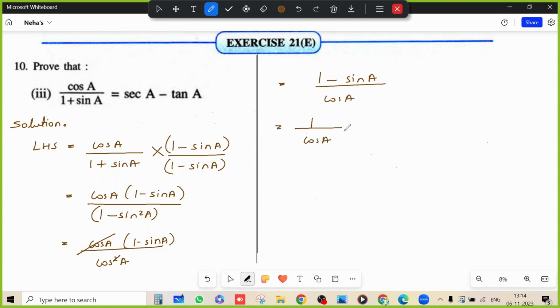So, this will become 1 divided by cos A minus sine A divided by cos A. 1 divided by cos A is equal to sec A, and sin A upon cos A is equal to tan A, and this is equal to the right hand side. Hence, we have proved that the left hand side and the right hand side are equal.